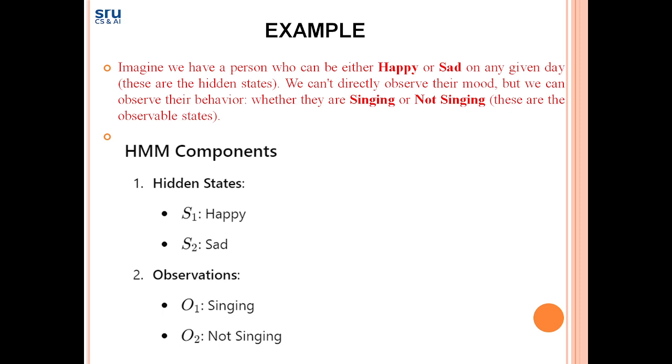These are observable states. Hidden state S1 represents happy, S2 represents sad. Observation O1 is singing, O2 is not singing.